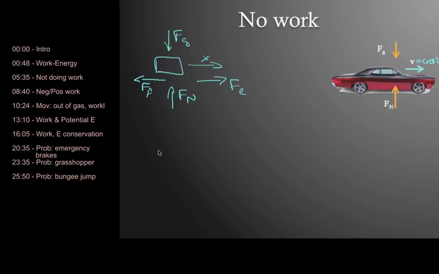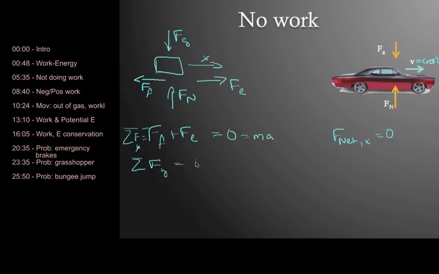But in this case, since it's traveling at a constant velocity, we look at the sum of our forces: minus FF plus FE of the engine is going to be 0, because this is mass times acceleration. If V is constant, acceleration is 0. So these two forces balance out, so there's no net force in this X direction. There is also no net force in this Y direction.